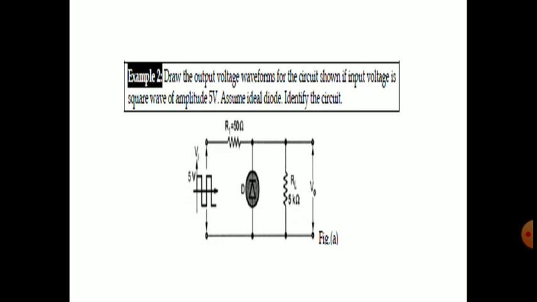Someone will solve it easily, someone will solve it through the conventional long procedures, and someone will quickly guess the output as a rough waveform itself. All the methods may be correct, but every method has its own advantages.